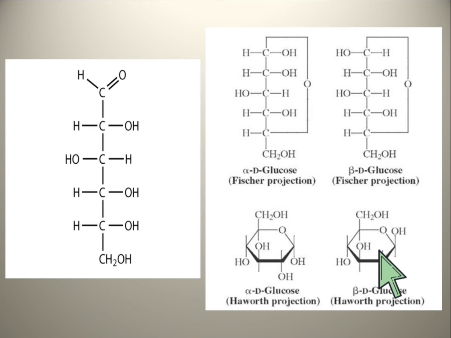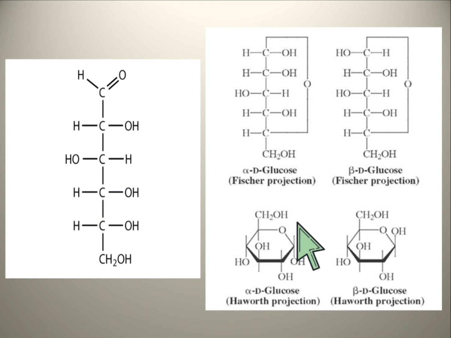So here, in the case of glucose, the reaction occurs intramolecularly between the OH group of the 5th carbon atom and the aldehyde carbon, that is the CHO group of carbon number 1, resulting in the formation of a more stable 6-membered pyranose ring, which is named after pyran.